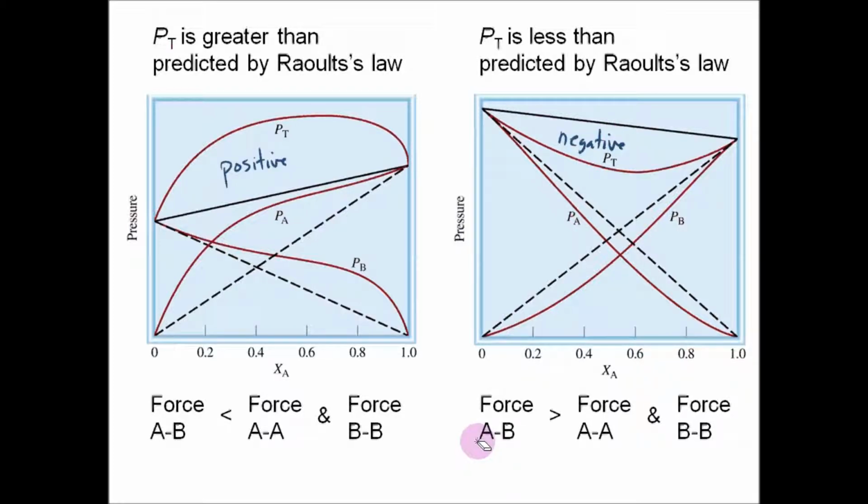So now the intermolecular force attractions from molecule A towards molecule B are greater than the intermolecular force attractions of molecule A just by itself or molecule B just by itself. So A and B like each other more here, so they're less likely to enter the vapor phase. In the positive deviation, A and B don't like each other, and so they're more likely to enter the vapor phase, creating higher vapor pressure.